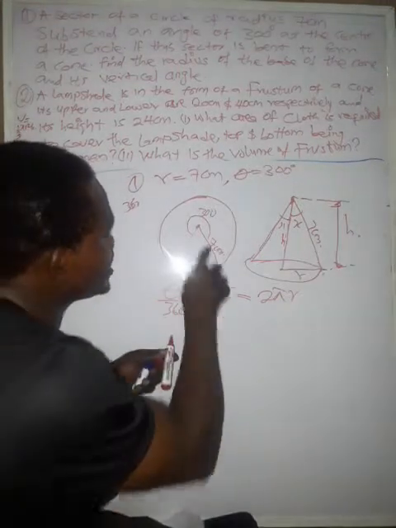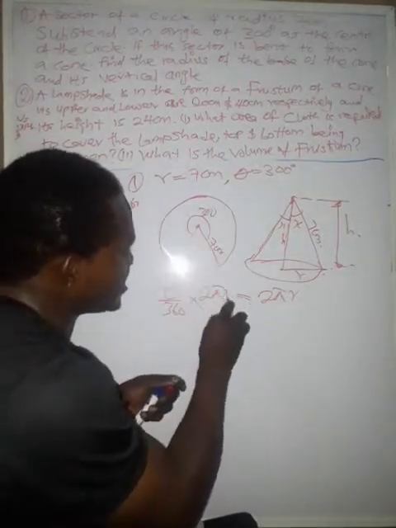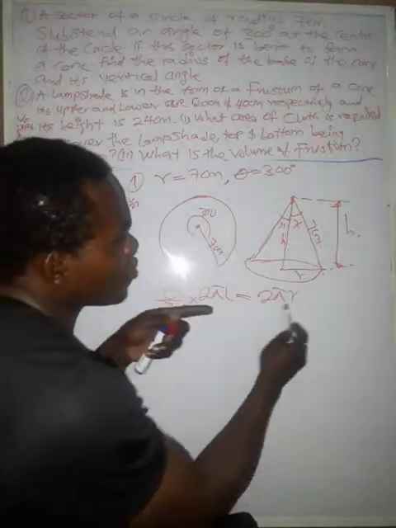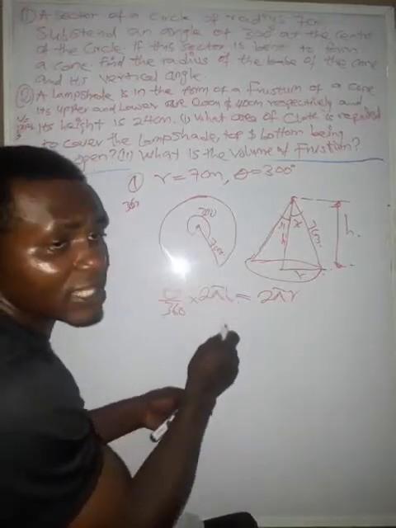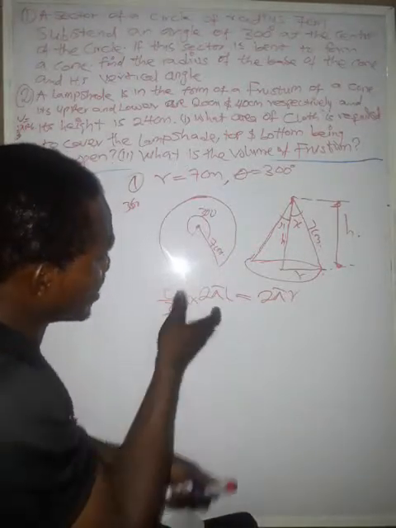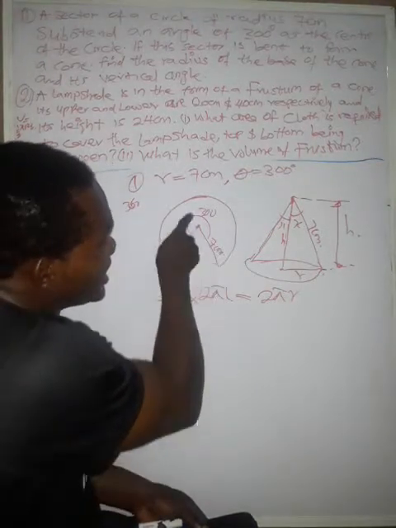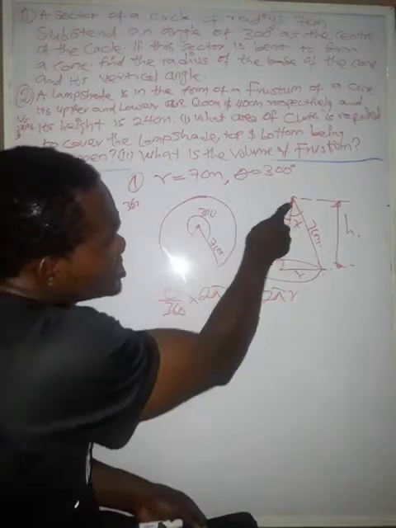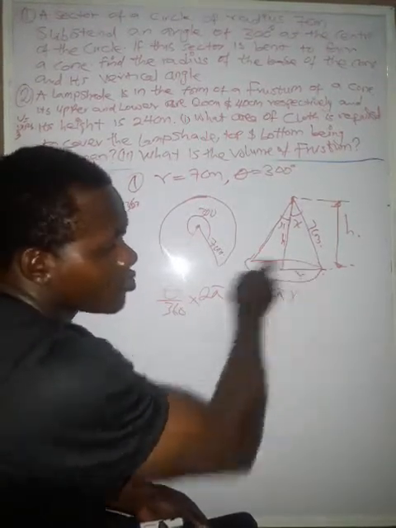Don't forget that here, from the formula, we are using this place as L, which is the radius. This radius we are considering as the base radius of the cone. So here is L, so we don't get it twisted. When you are talking of the sector, we are talking about this length, and this radius length is the same thing as the slant height, not the base radius of the cone.